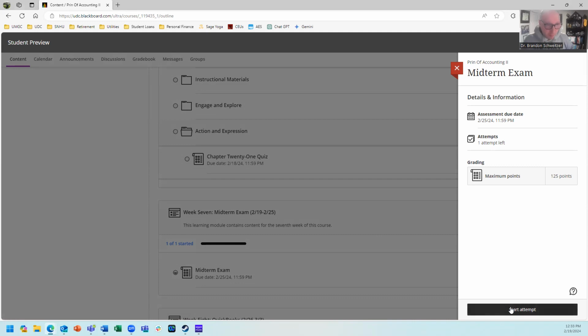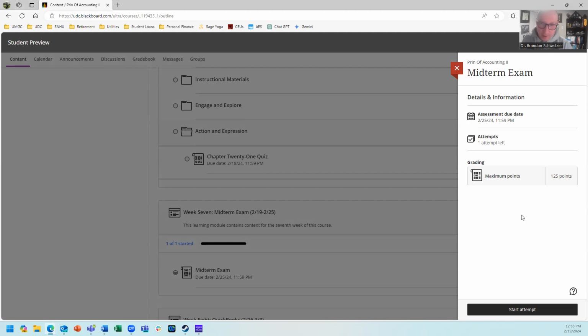A couple of important things to note about the midterm exam. There's only one attempt on this exam. The exam is worth 125 points, approximately 12.5% of your total grade.